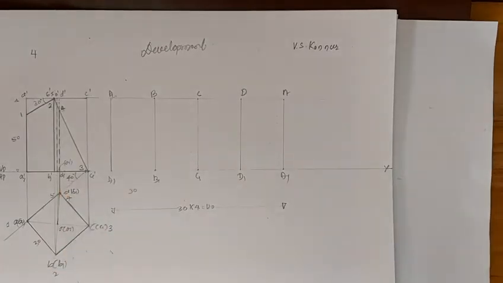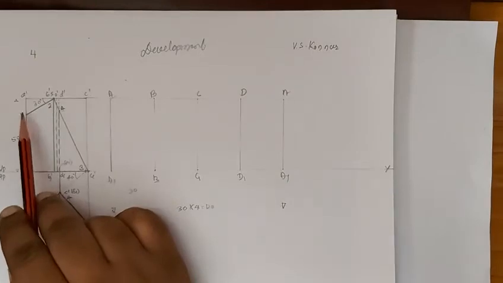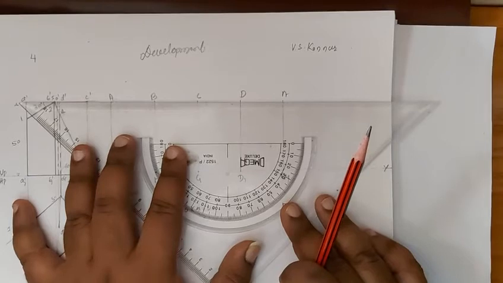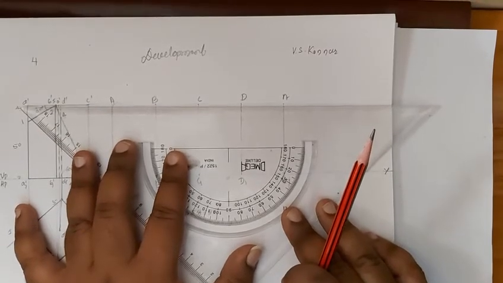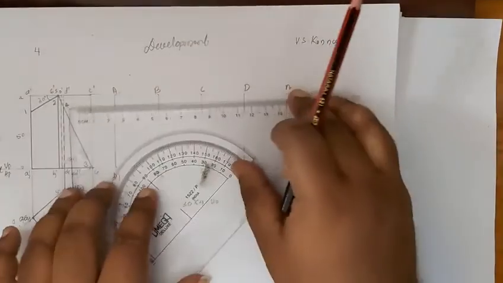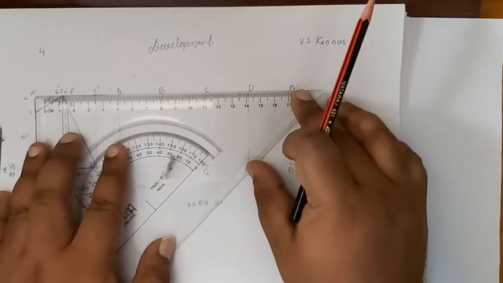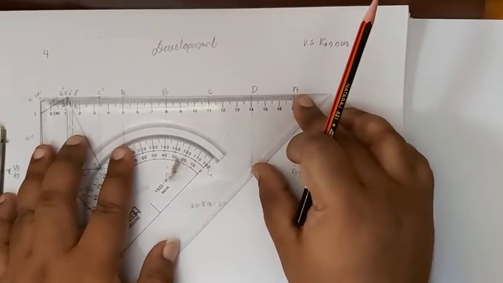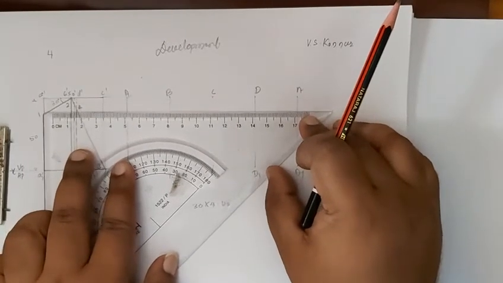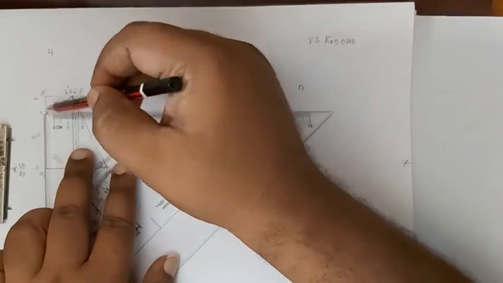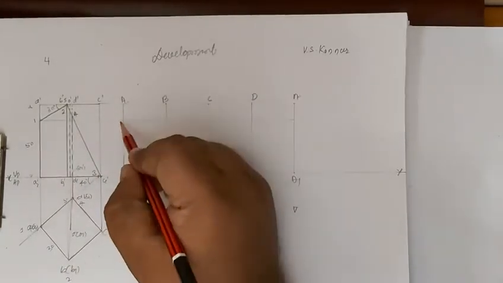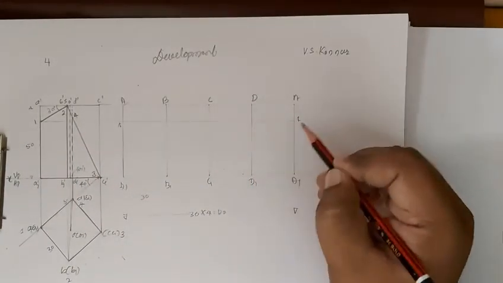First we'll draw a horizontal line. So the first point is here on AA1. First we'll draw one horizontal line parallel to this. Right, now the first point is on AA1, so AA1 lines are there on either side, so we got the first point.